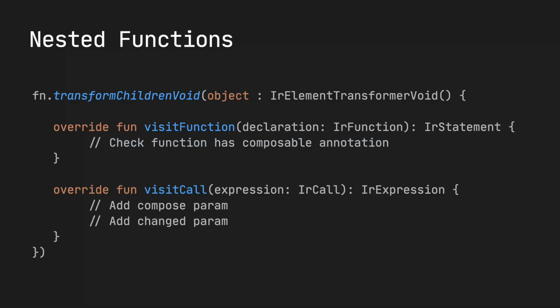I could check whether it has a composable annotation. Are you calling a composable function? And I could do any form of transformations on them. I could also visit each call in there, and this is where I add in the composer param and the change param. So it's recursive. It goes through the nested calls and it updates their parameters.